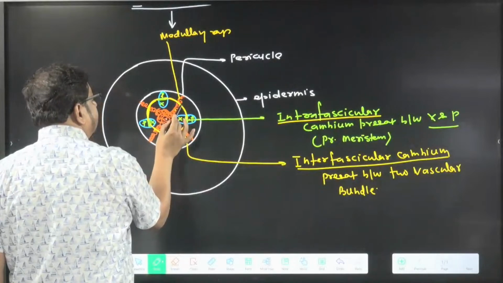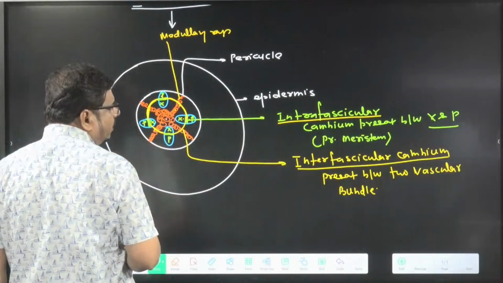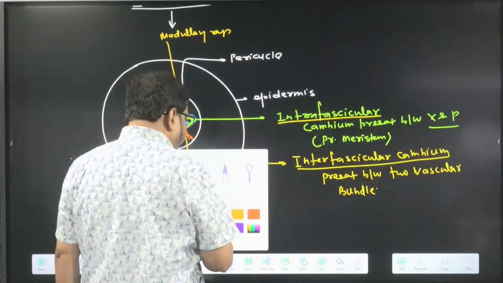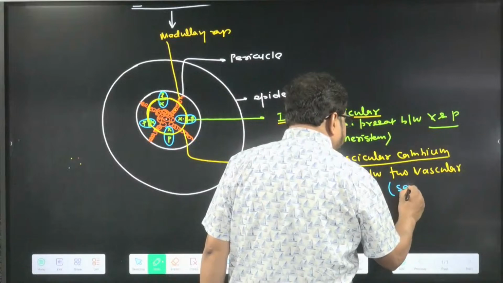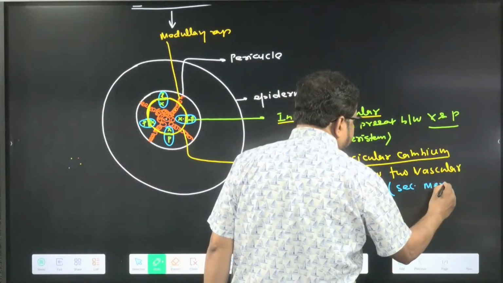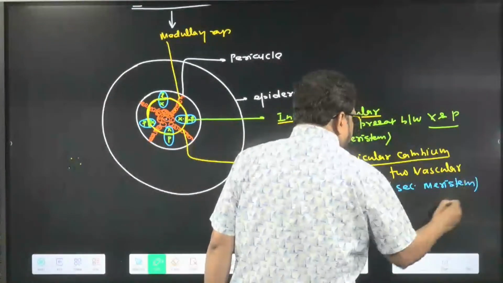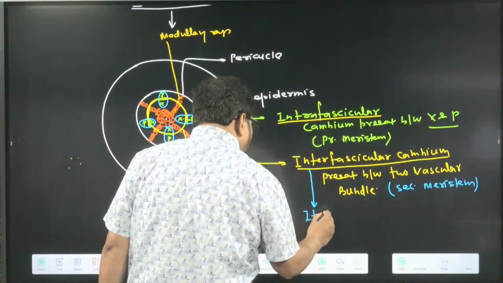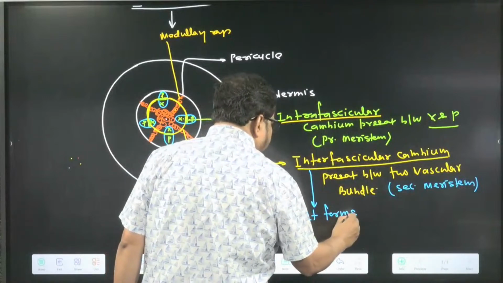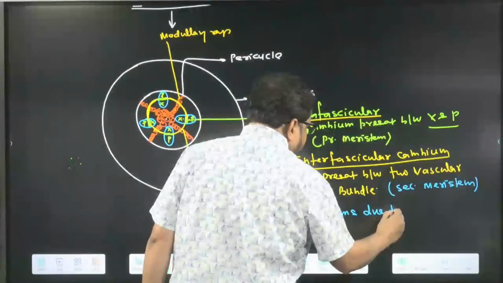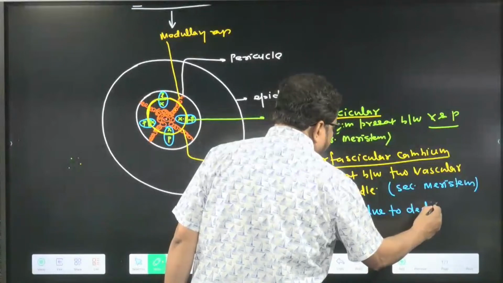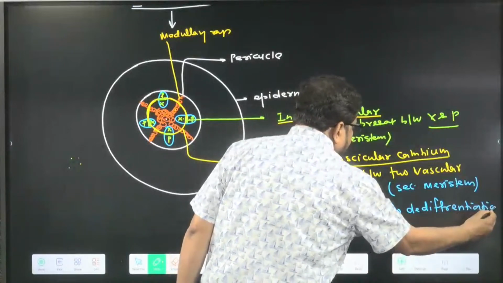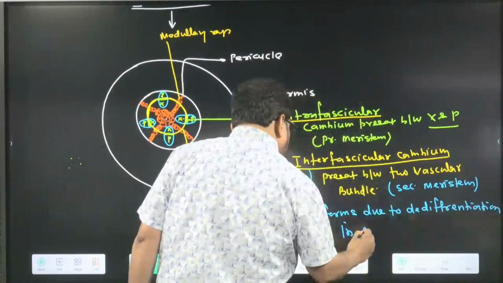Between two vascular bundles, this cambium is present, and it is called interfascicular cambium. Which kind of meristem is this interfascicular cambium? Secondary meristem. And how does it form? It forms due to de-differentiation in medullary rays.